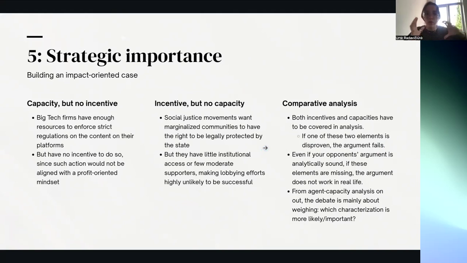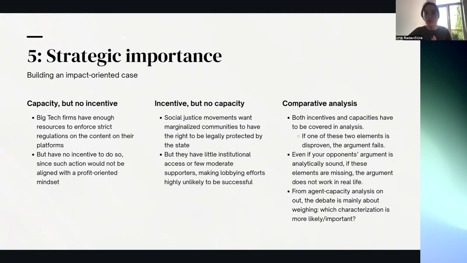So aside from those two examples, and in a more broader sense, to close this up, comparative analysis is incredibly important through the lens of incentives, capacities. Both of them have to be covered in analysis. We're already aware of this, but the bad thing about it is that in refutation, in engagement with another's arguments, you don't actually have to disprove both of those for the argument to fail.